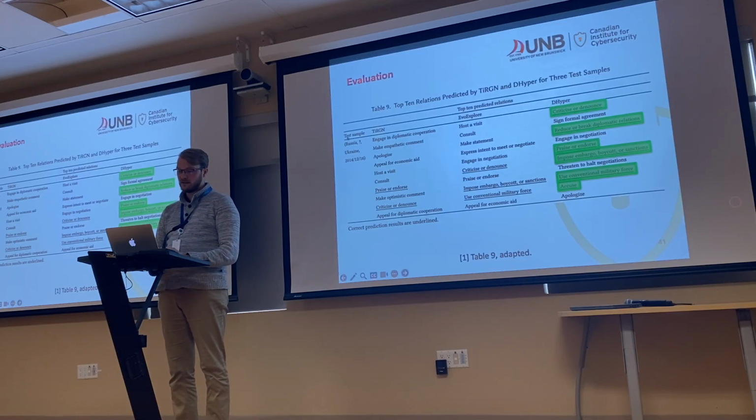We might see that the TiRGN model says the top thing is going to be engaged in diplomatic cooperation, maybe not. The EvoExplore model will suggest host a visit, and then our DHyper model says criticize or denounce. But it also makes lots of other correct predictions in the top K.